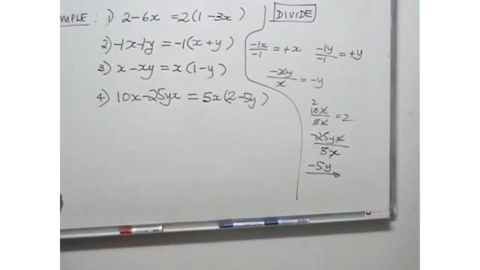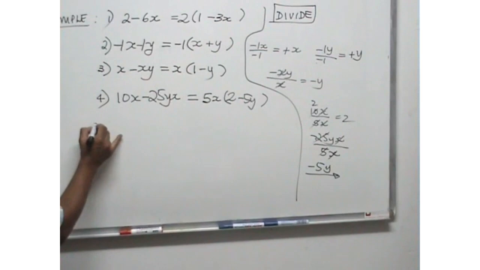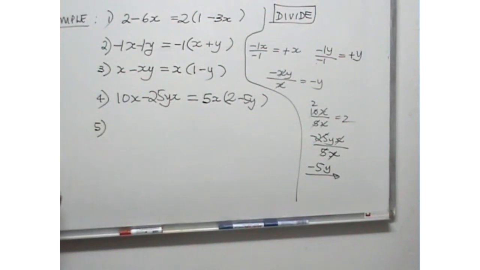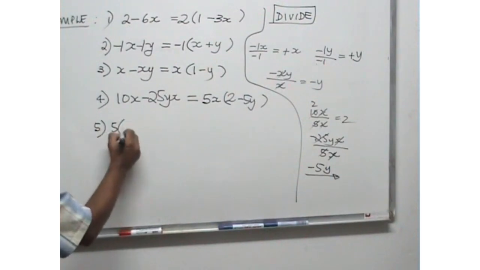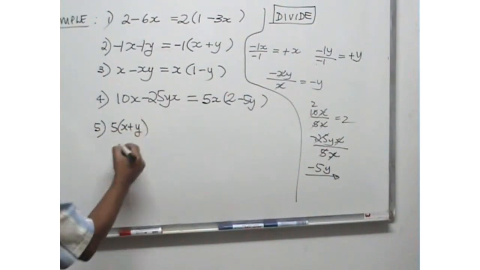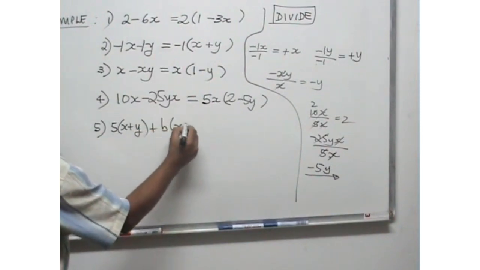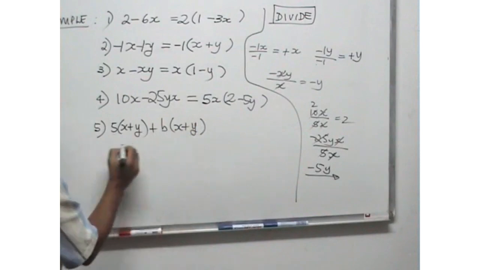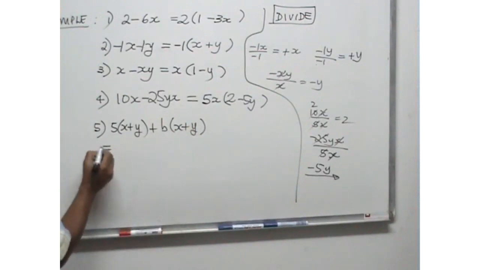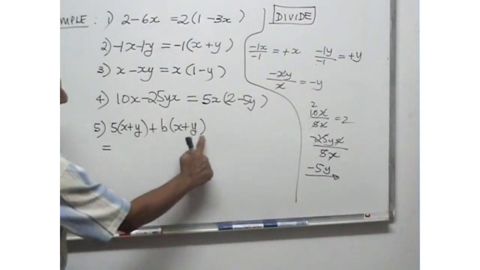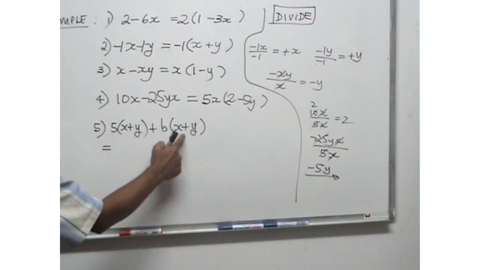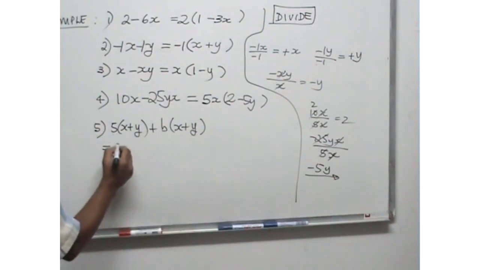Alright, let's look at another example. Number 5. 5 into x plus y plus b into x plus y. Now this time I'm going to write the answer just below it. So when I study this example, I can see clearly that the common factor this time is a bracket.